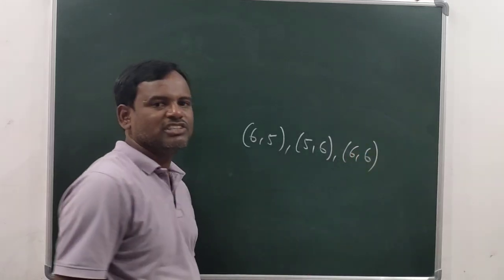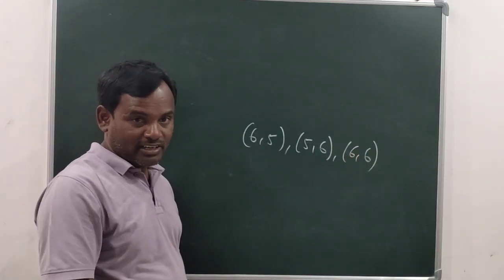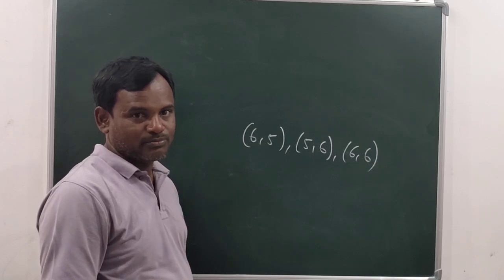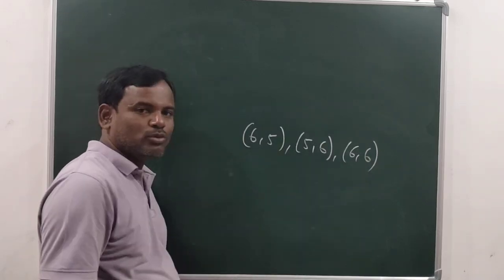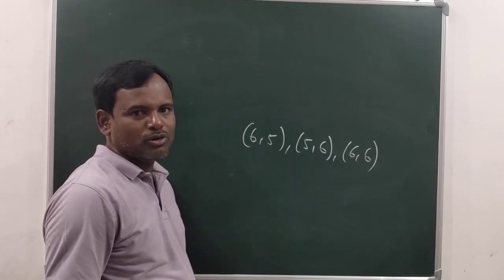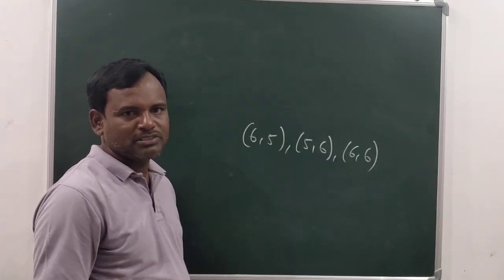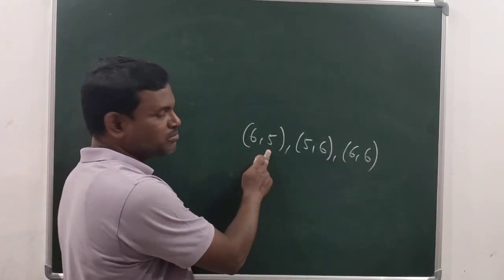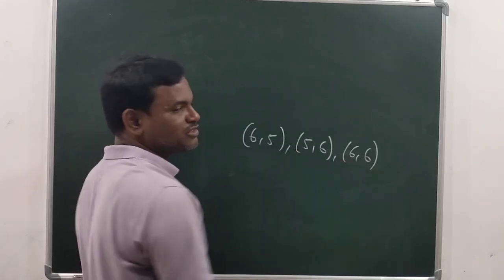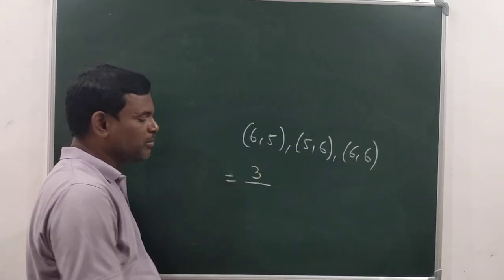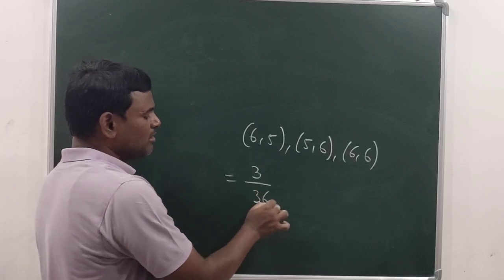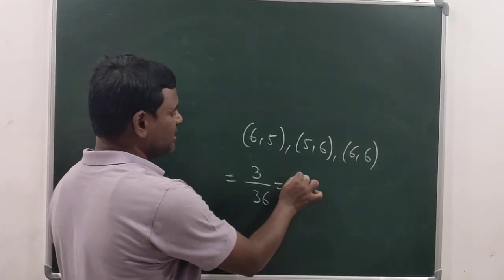Only 3 possibilities will be there. More than 10, I said to you. If you add, total 36 outcomes will come. I have shown you that sample space in which, if you add the outcome sums, here it is 11, here it is 11, here it is 12. So total 3 possibilities have to be written in the numerator and total 36 possibilities in the denominator.